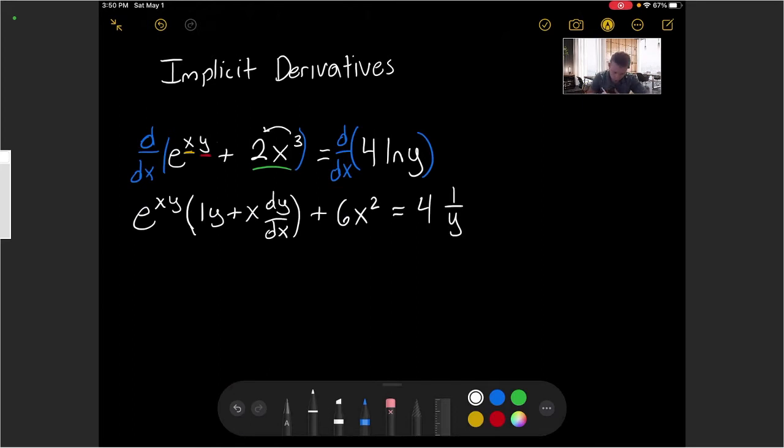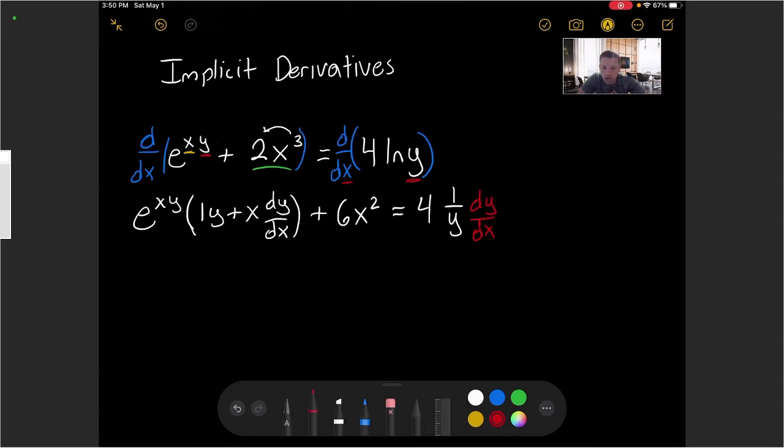But again, we need to take a chain rule since we are taking a derivative with respect to x when we have a y function. So the derivative of y with respect to x, we have to attach a dy/dx term. And looking at this, that would be our derivative on both sides with respect to x.